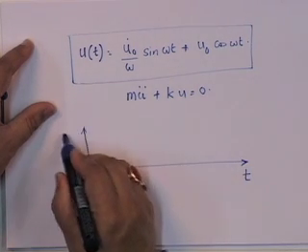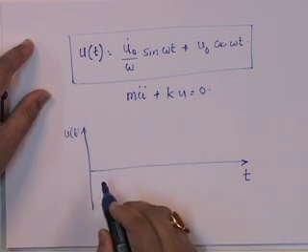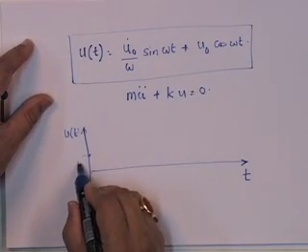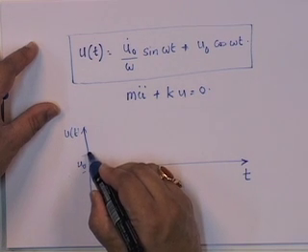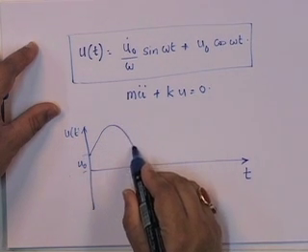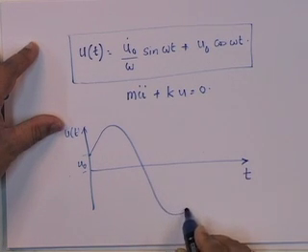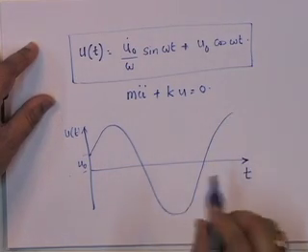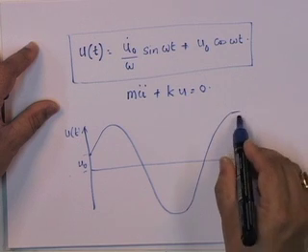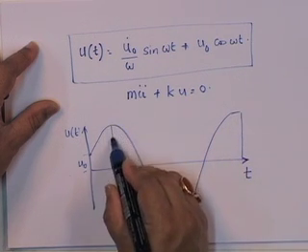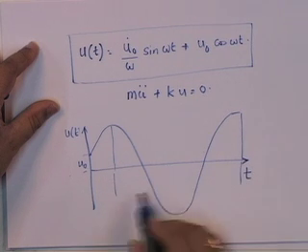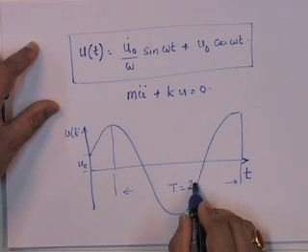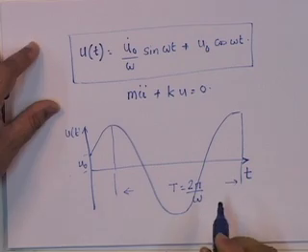u of t. If you look at it, it starts at u0, where the time period t is equal to 2 pi upon omega.